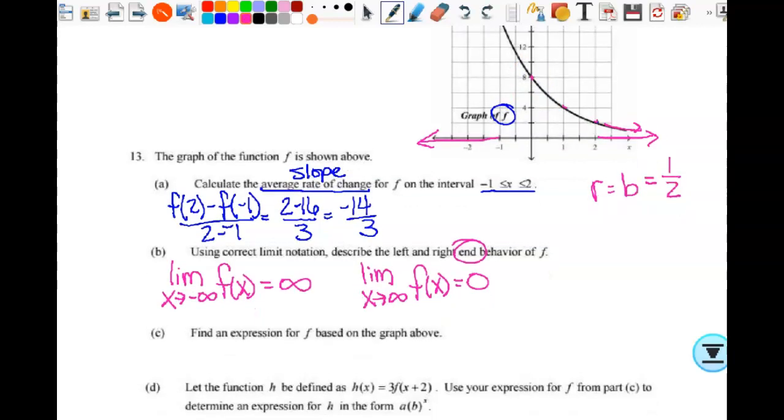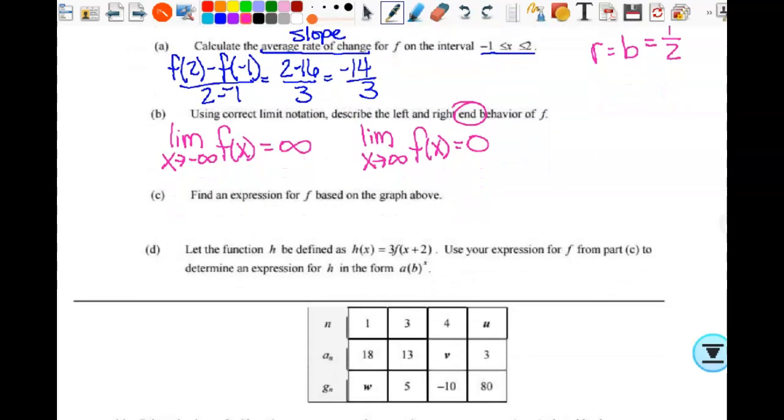So there's that. And there's two different forms of this that you can understand, one of which is y equals a times b to the x, which is your initial amount.